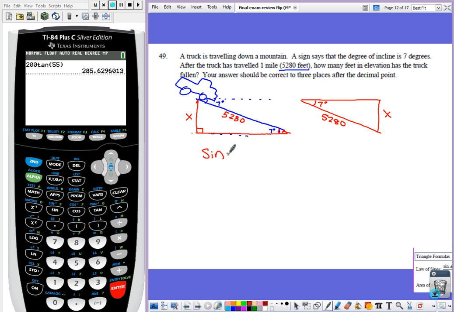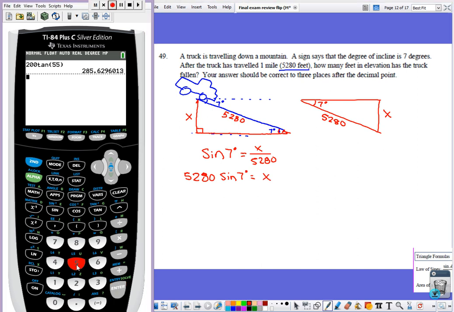So here we have opposite and hypotenuse. So we're going to go sine of 7 degrees is opposite over hypotenuse. Multiply by 5,280, and type that in. Make sure we're in degree mode. 5280 times sine of 7 degrees.